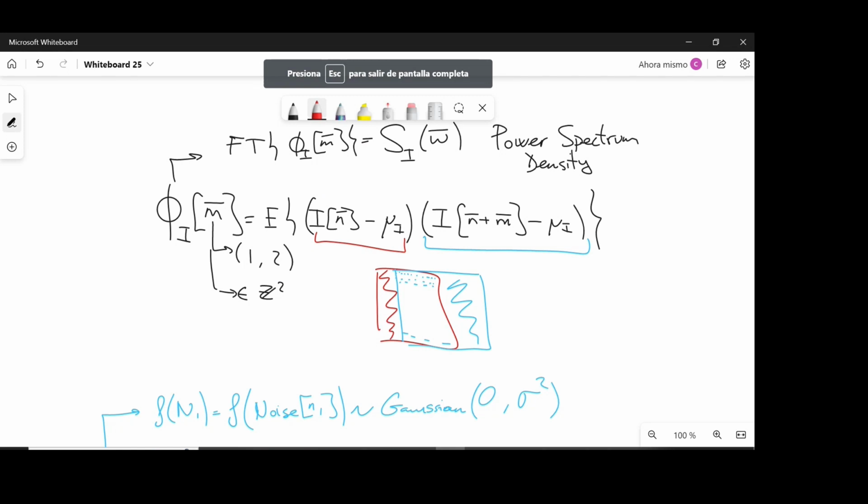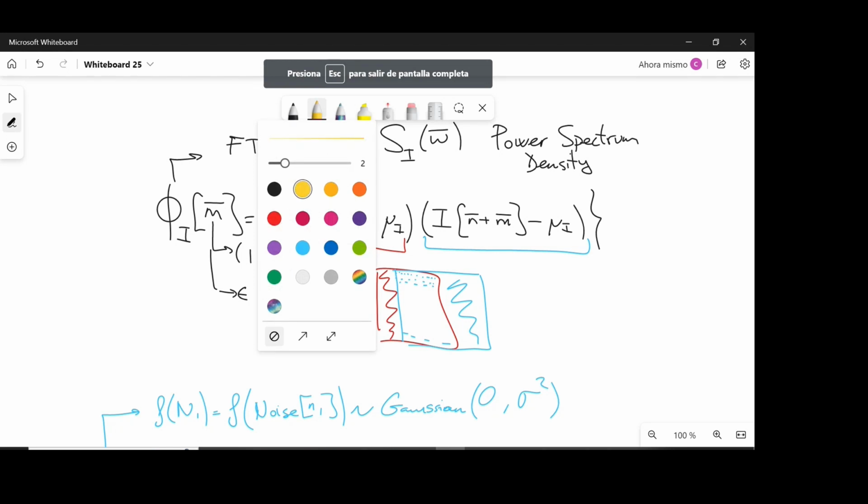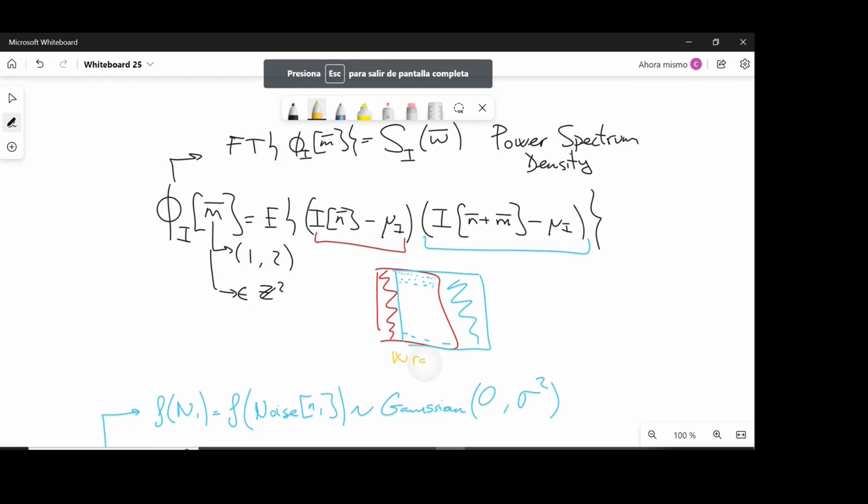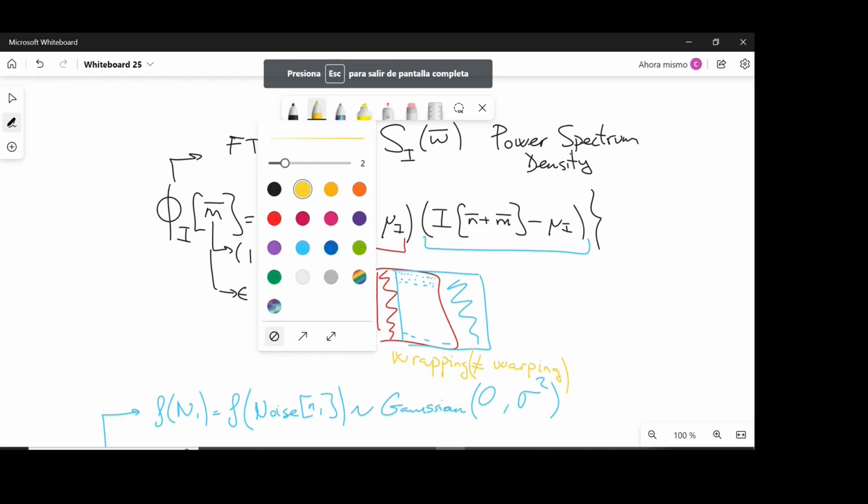So what I can do is something called wrapping. So wrapping, this is different from yesterday. Yesterday we saw warping. Warping is different. Okay? So wrapping is whatever comes from the left.